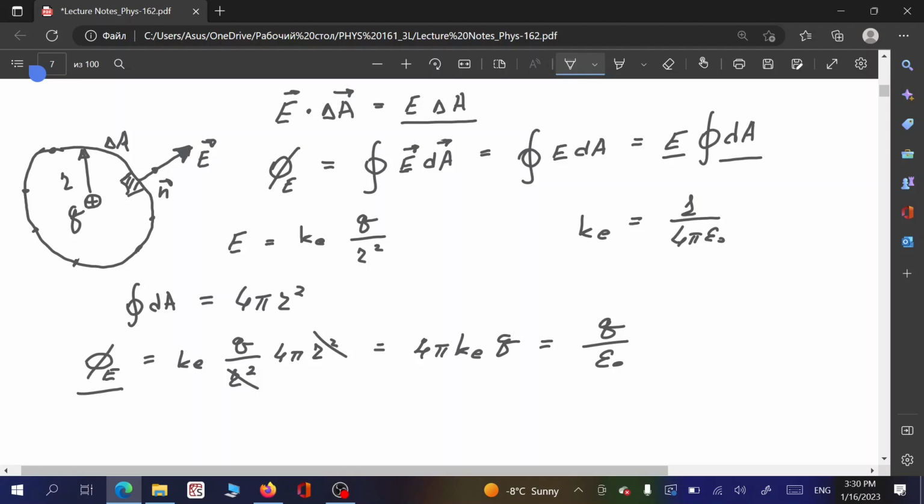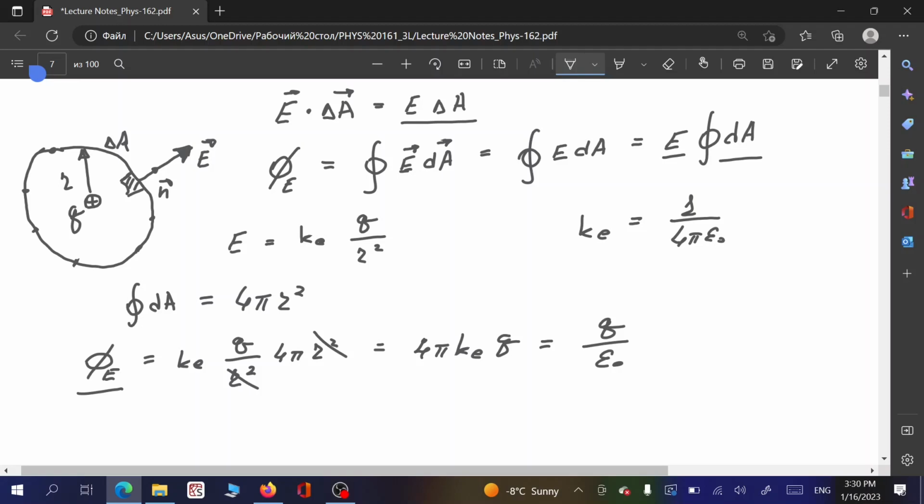So in general, we can write that this equation clearly tells us that electric field flux is directly proportional to the magnitude of this electric charge inside the sphere.